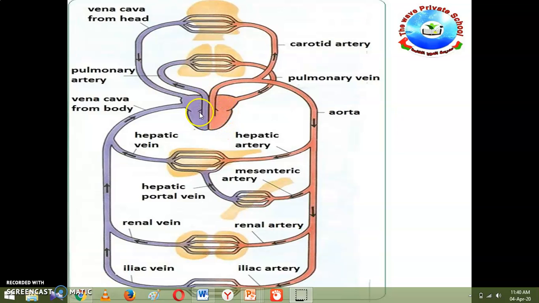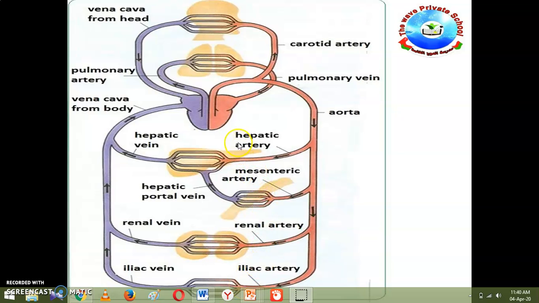The heart is pumping the blood to all parts of the body. From here we can see the heart pumping blood to the lungs, to the head, to the liver, the intestine, and to the kidneys, finally to the lower part of the body.